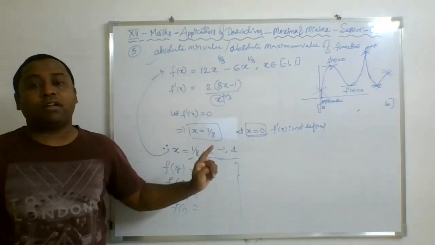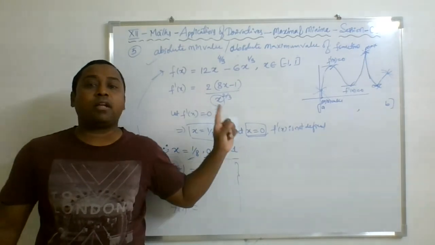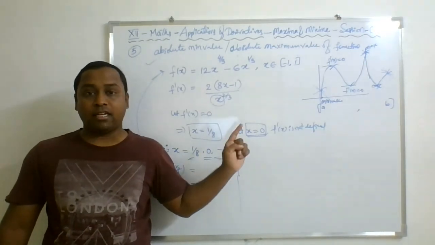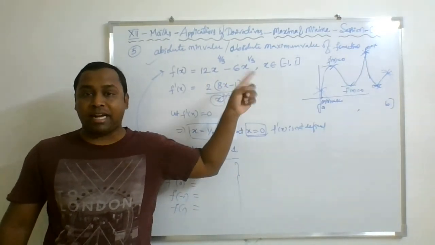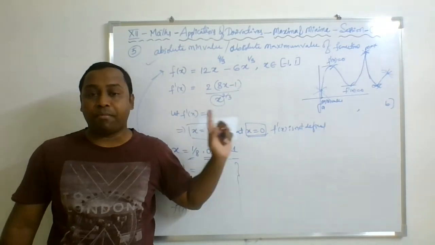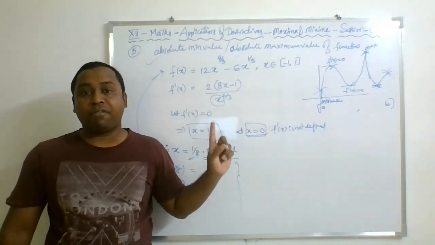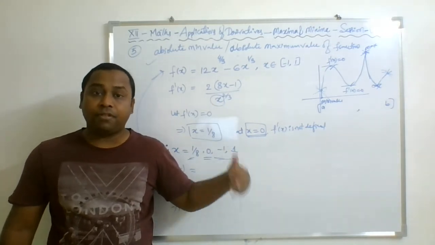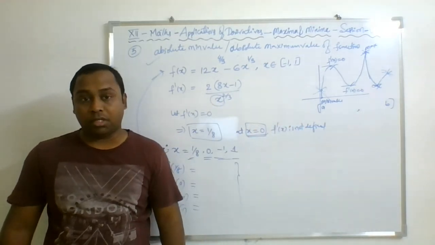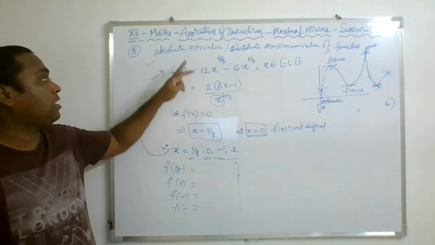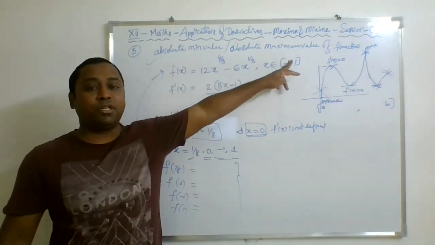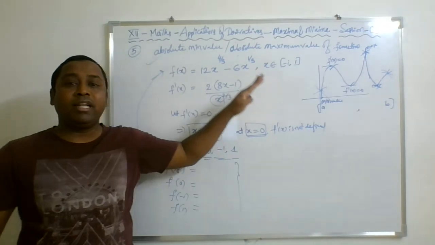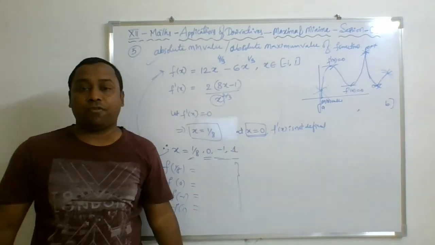The first derivative test and second derivative test are basically used to find the point of maxima and point of minima. Remember, point of maxima and point of minima. Thereafter, we go for the value of the function. But when we talk about the absolute minimum and absolute maximum, only this is the technique you need to follow.